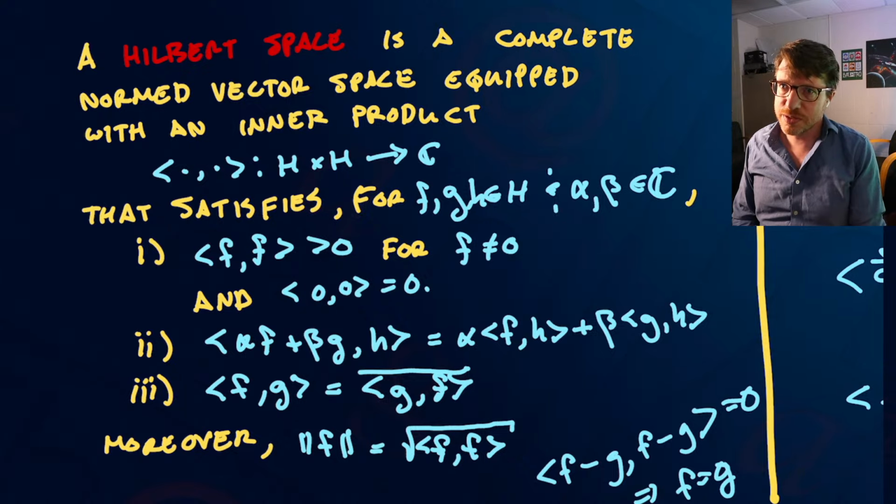You do need this if you want to use this for sequences and convergence. But if the space wasn't complete, you could have a sequence that tends to 0 inside the norm, but the ultimate function it converges to might not be 0. And so that's why you want this condition 1 here.